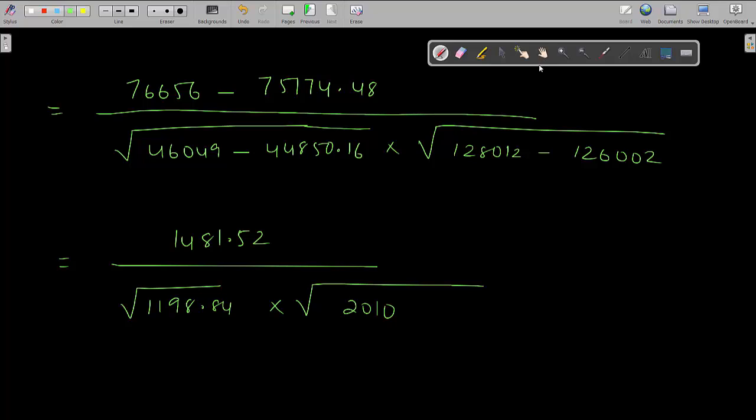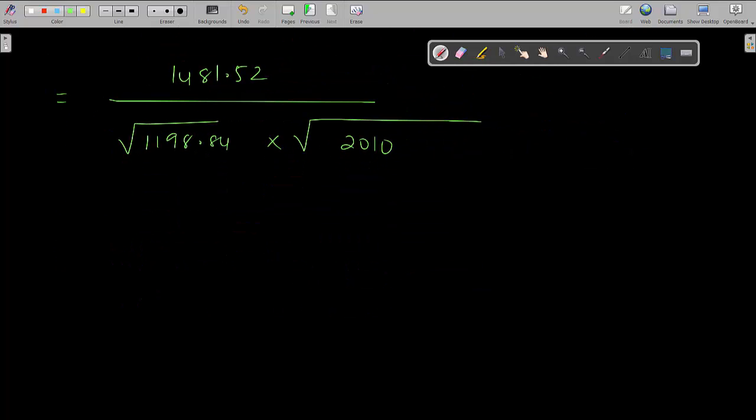After this, you have to find the square root of each. The square root of 1198.84 should be 34.62. Square root of 2010 should be 44.83.